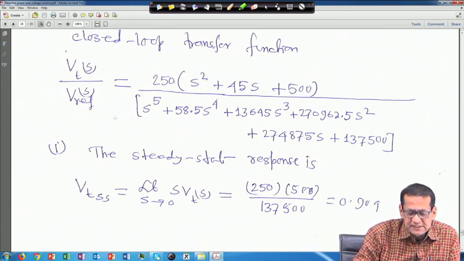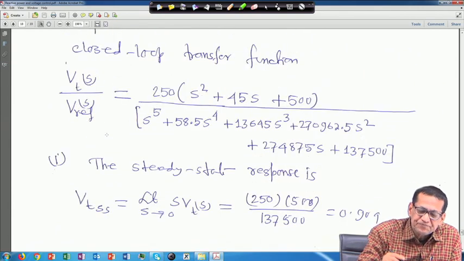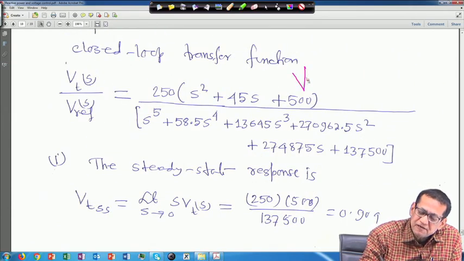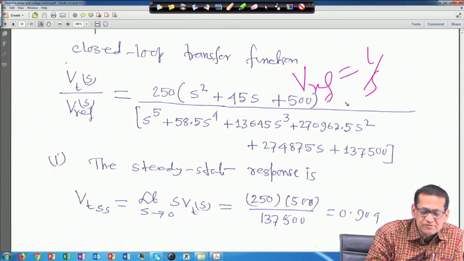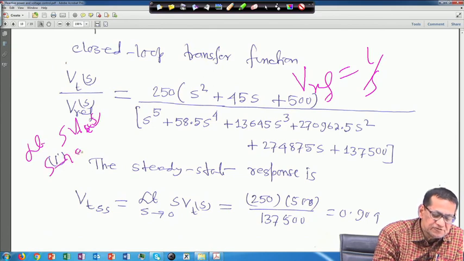Therefore, first, the steady state response: if you put V reference equal to 1 upon s, then this side automatically becomes s VTS, and then you take the limit s tends to 0.